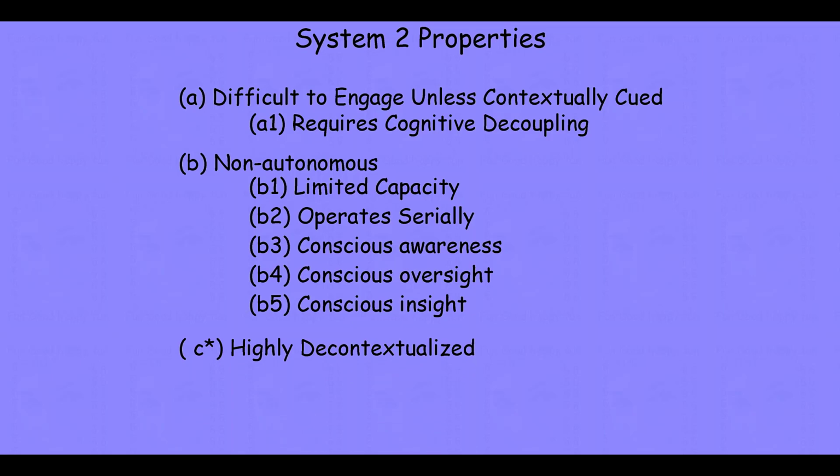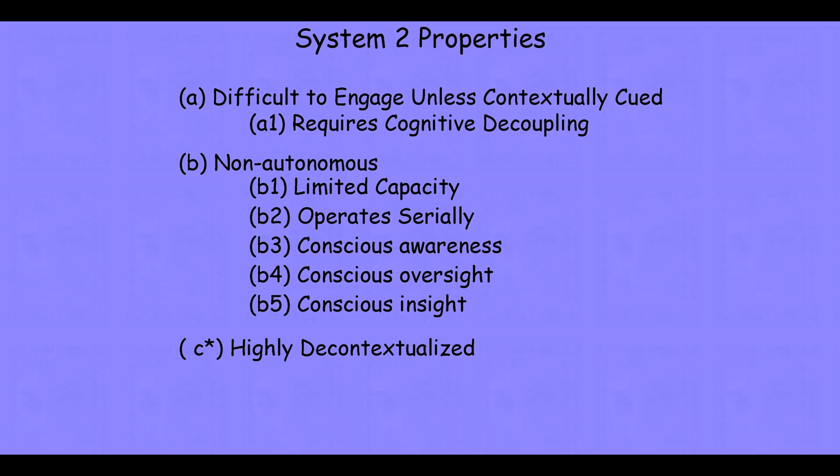Another feature of System 2 inference strategies is that they oftentimes are highly decontextualized. So they're oftentimes strategies that were developed by incredibly intelligent people who are thinking about the underlying structural features of problems and seeing commonalities.